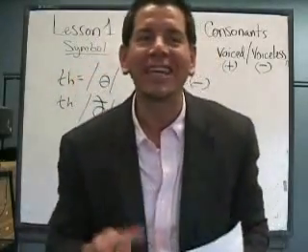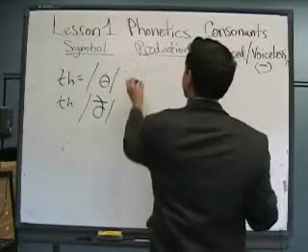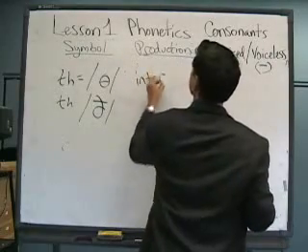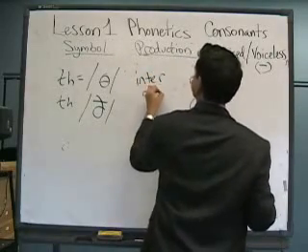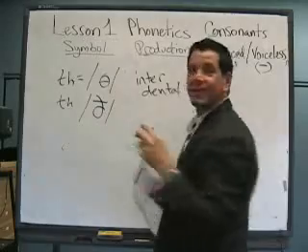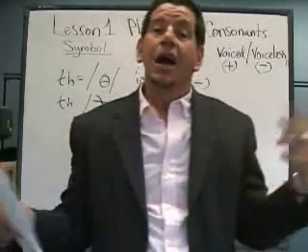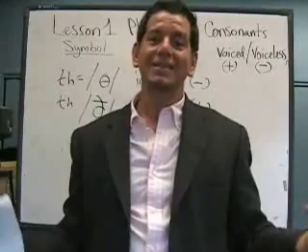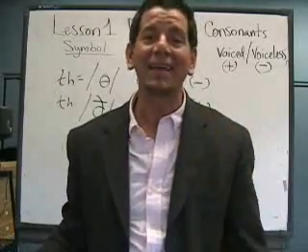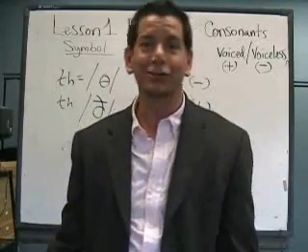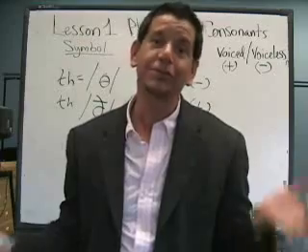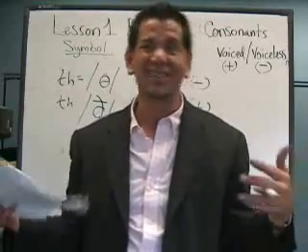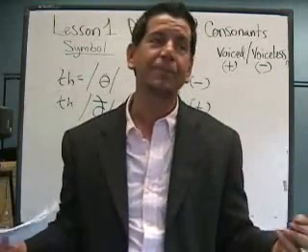TH is called interdental. Interdental means between the teeth. Students need to remember that if they want to make this sound, you have to bite your tongue. In many cultures, showing your tongue is considered rude or vulgar.